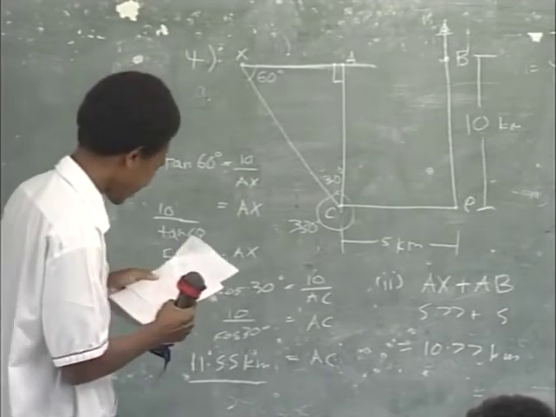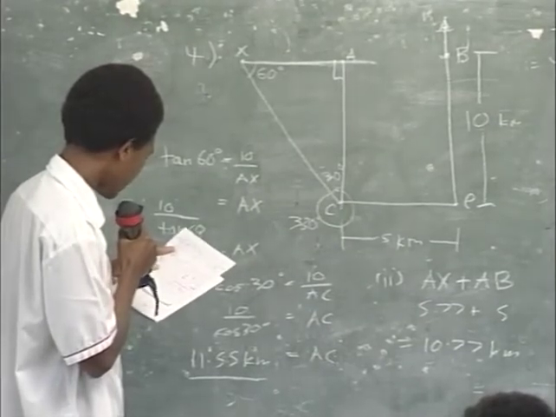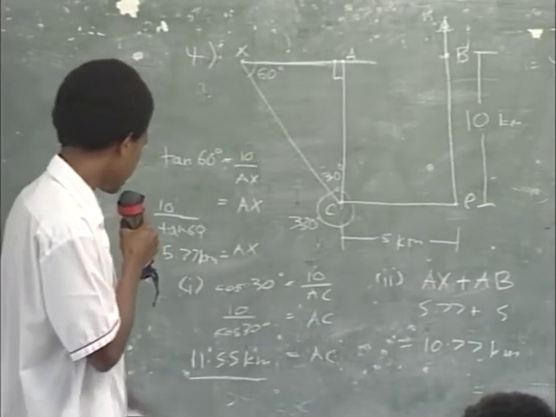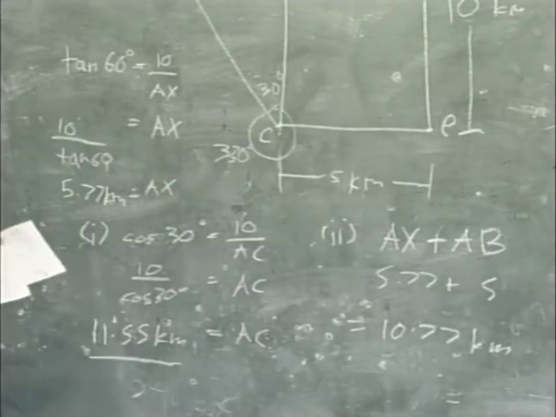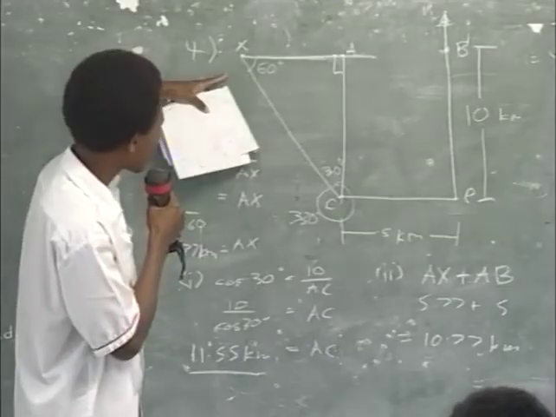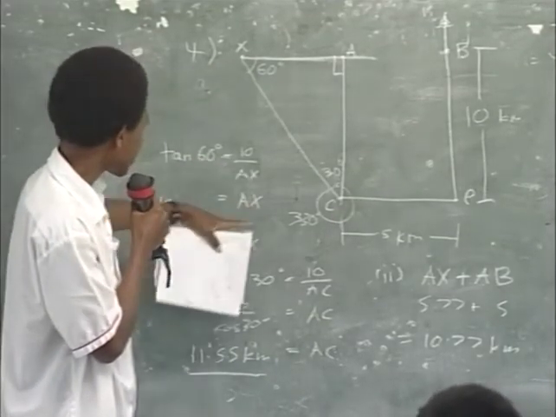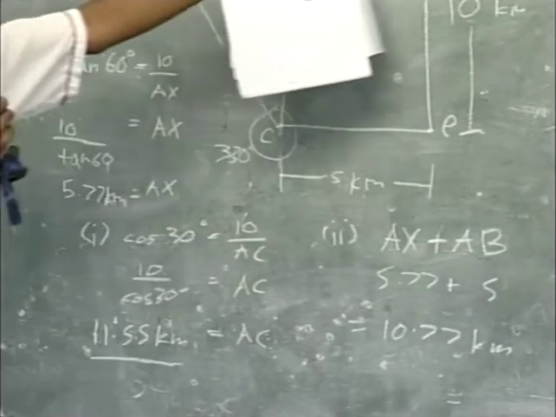Hypotenuse is CX. So when we found it, it will be 11.55 kilometers, which is the distance the ship has to sail. So 11.55 kilometers will bring it to point X, which is due west of B.